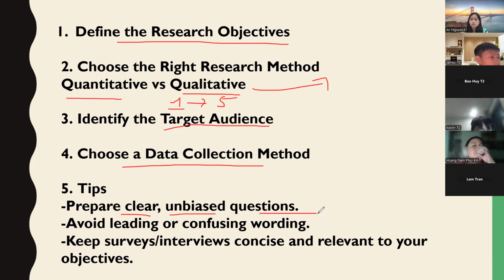So for an unbiased question, don't give your interviewees the chance to give wrong information. So normally we don't ask yes/no questions a lot, and even if you do have to ask, make sure that the topic of your question is one that everyone knows about or doesn't know about at all. If you give something 50-50, it's very likely that they will say yes, and in the end you will have more yes than no.